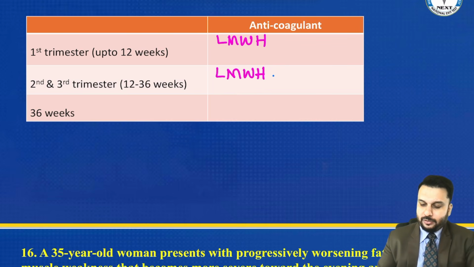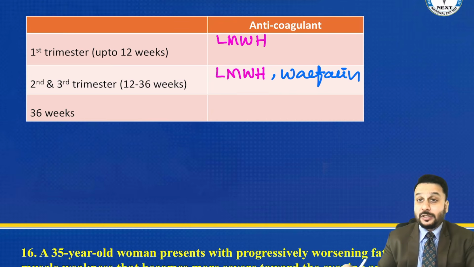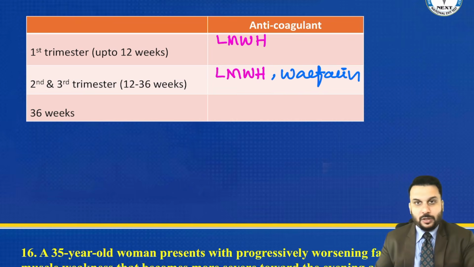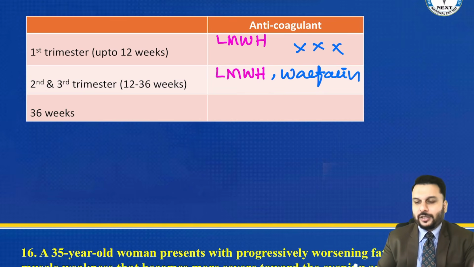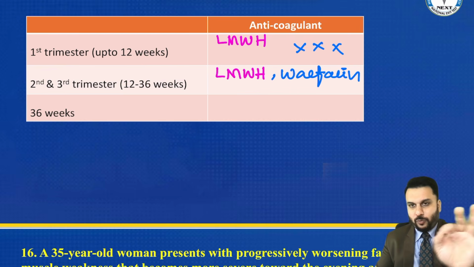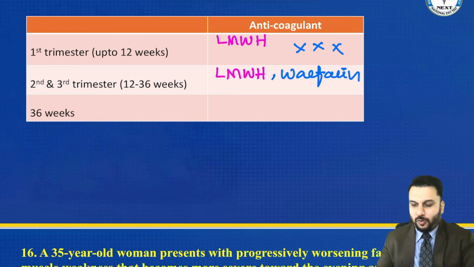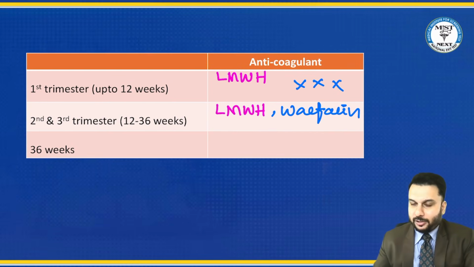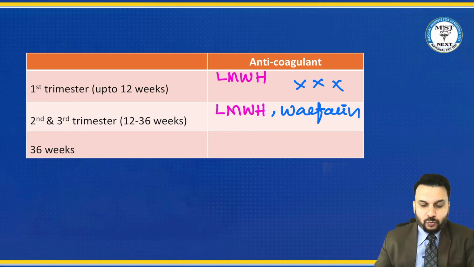Warfarin can be given only in the second and the third trimester because warfarin is teratogenic. We can't give it in the first trimester. First trimester, there is no way I can give you warfarin. Warfarin can only be given after the organs have already formed. So in the second and third trimester, I can give you warfarin. That too, generally, heparins are preferred over warfarin here also.